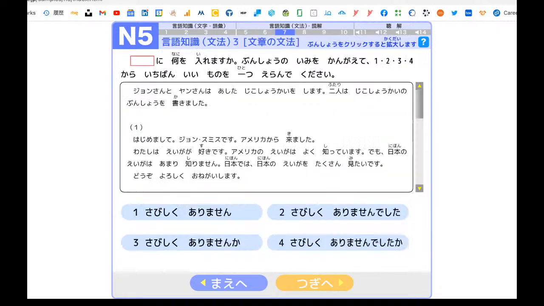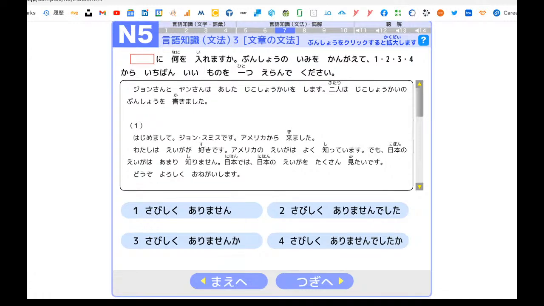四角に何を入れますか?文章の意味を考えて1234から一番いいものを一つ選んでください。So this question is, you need to choose words to fill in the blank. And the blank is way down here.